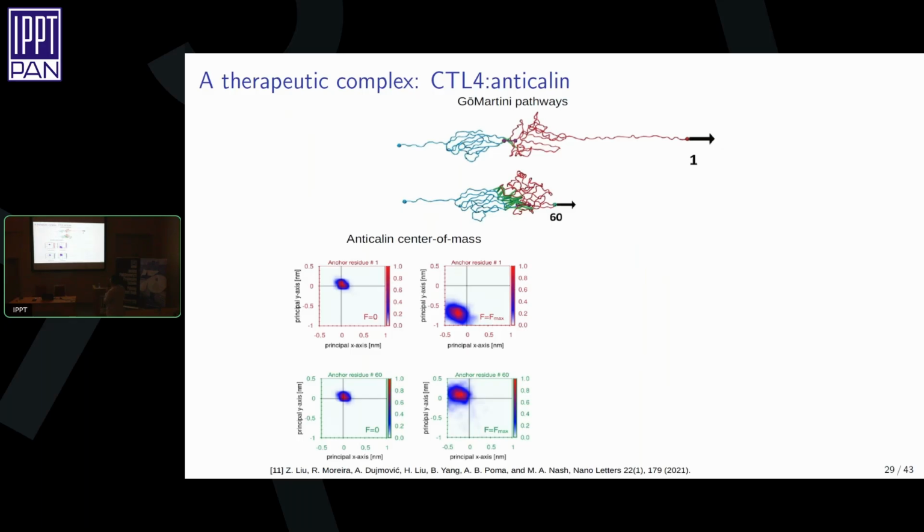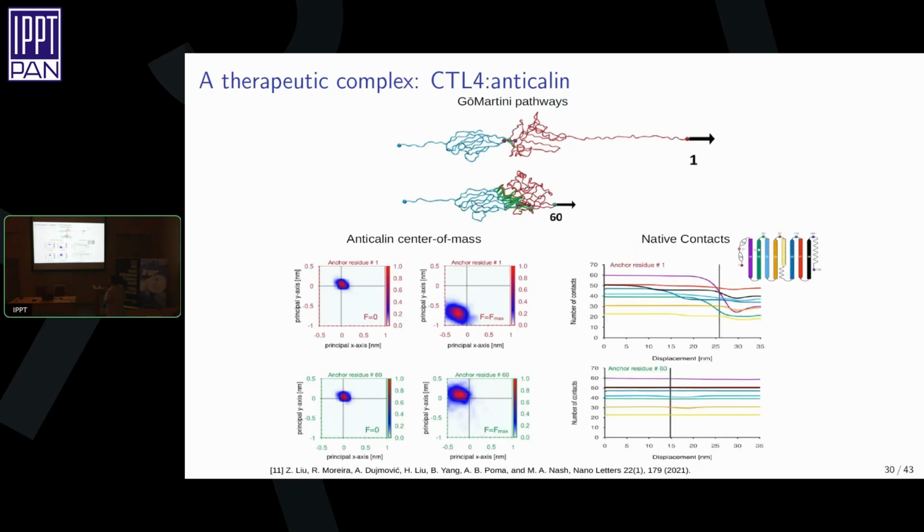While if you take residue 60, the center of mass of the protein complex stays around the same initial position. After Fmax, there is a little bit of vibration where the center of mass shifts, but not that much like in the other case. And then it stays; it tries to change a bit, but it remains in some specific position due to the contacts, right?